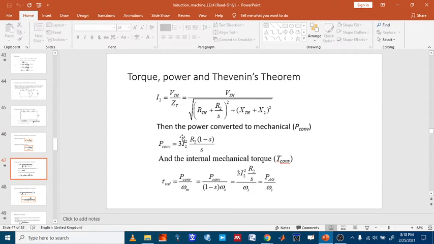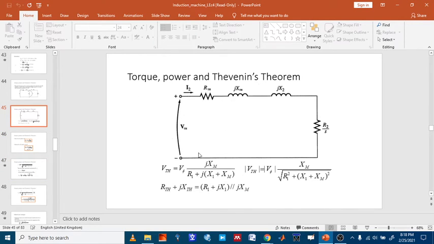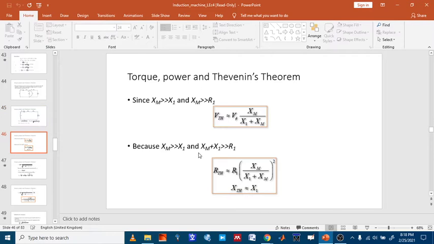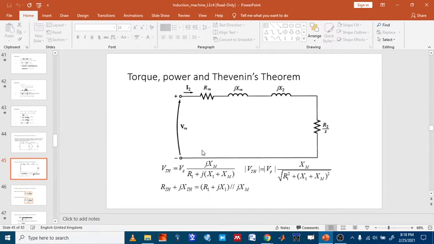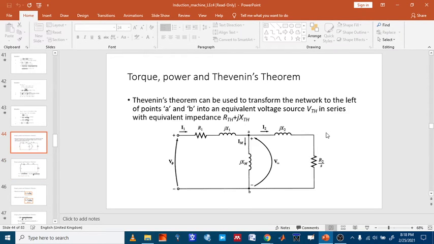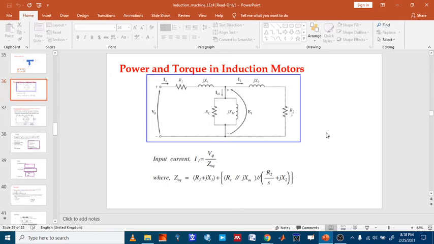P converted is 3I squared times the equivalent resistance for the mechanical power, which is R2 into bracket 1 minus S all over S, as it was shown here previously.